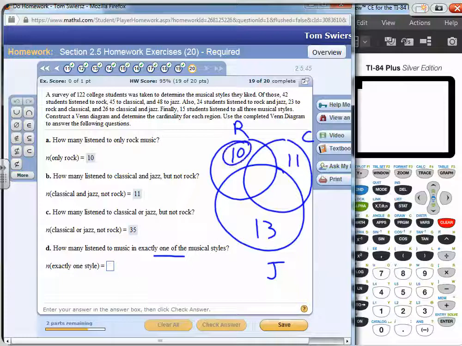This is only rock, this is only classical, this is only jazz. These others here are either in two or all 3, and these are neither. So it'd be the 10, the 11, and the 13. Add them up, 24 and 10 is a total of 34, exactly 1, okay?